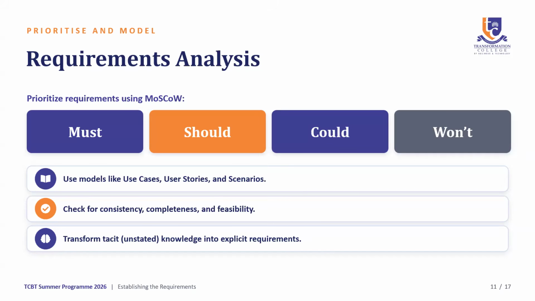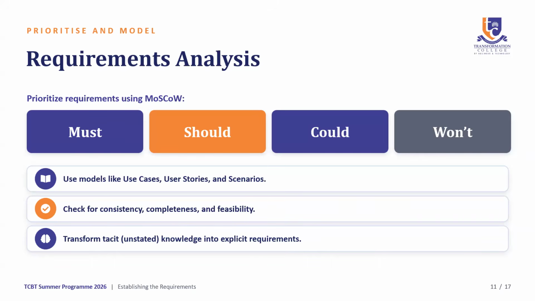Now, the should is important, but not blocking the delivery of your product. This includes things like performance optimizations and polishing of your product. The could includes solutions that are desirable but of low priority, good-to-have improvements that add value to your product and solution for the business.